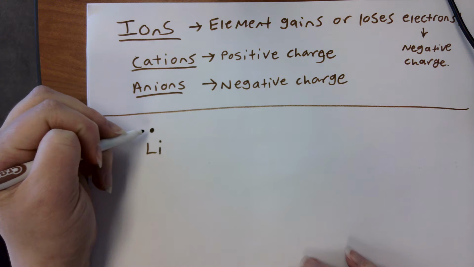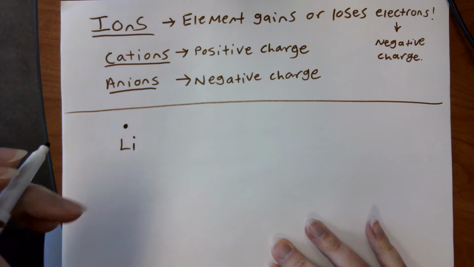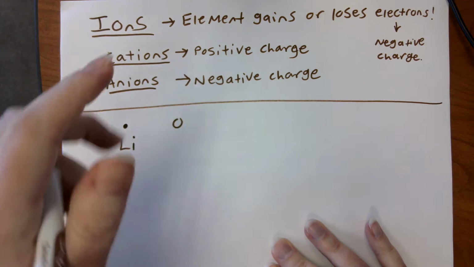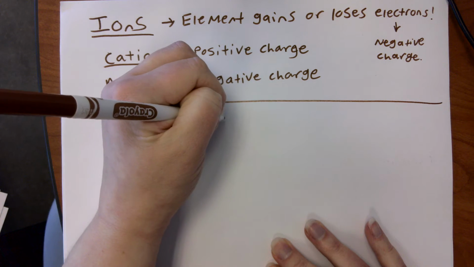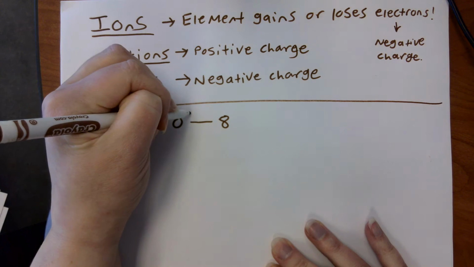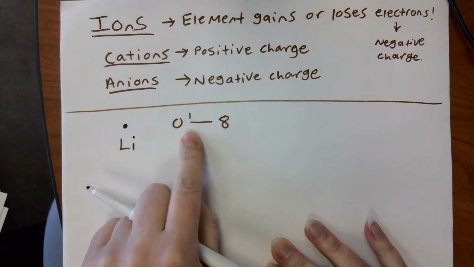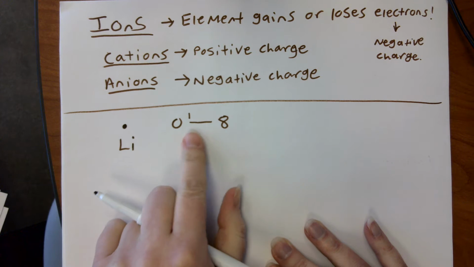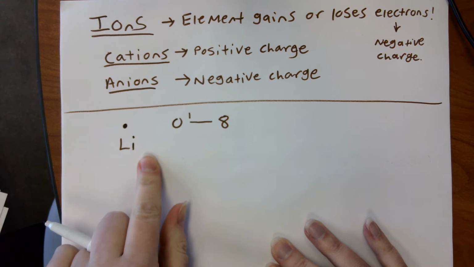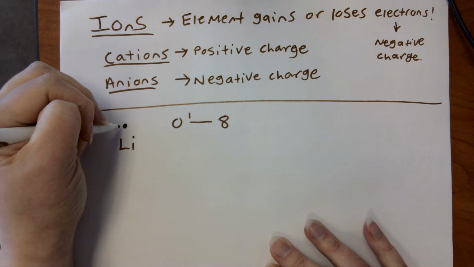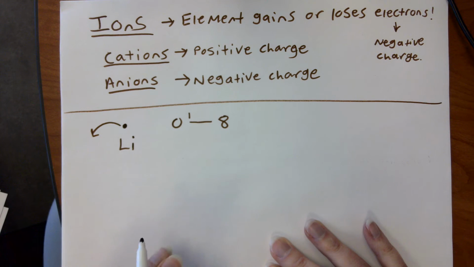So the easiest way to think about this is, is lithium closer to 0 valence electrons here, or is it closer to 8? 1 valence electron is closer to 0 than it is to 8, isn't it? So by that logic, in order for lithium to be happy and have a full set of electrons in its outer layer, it will want to lose this electron and get rid of it.